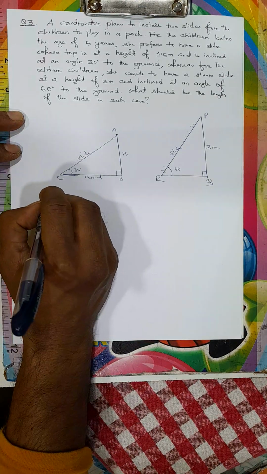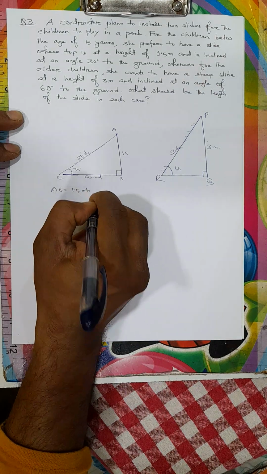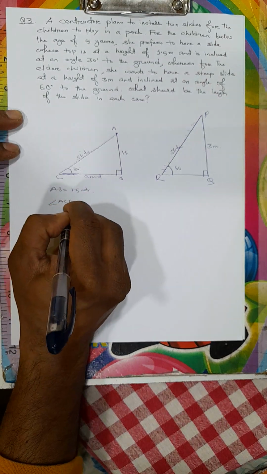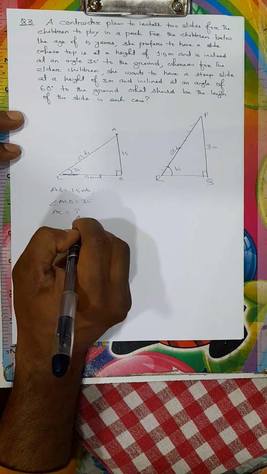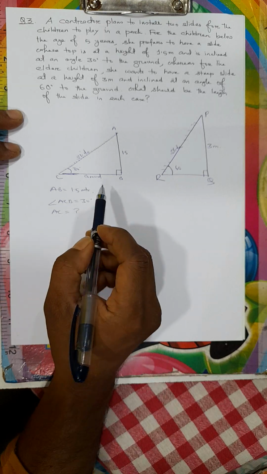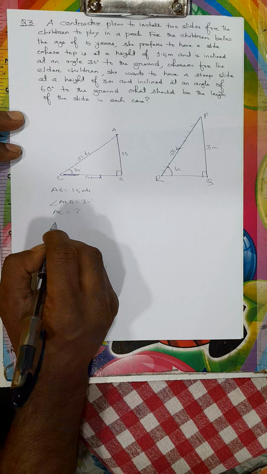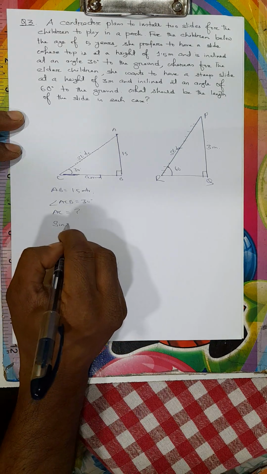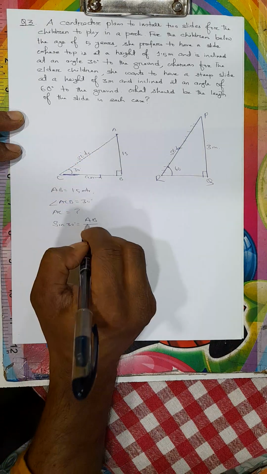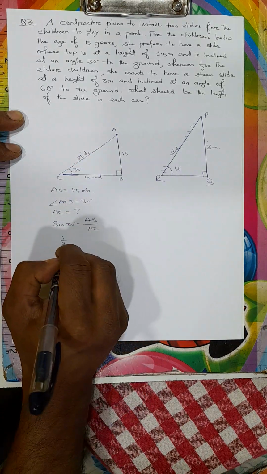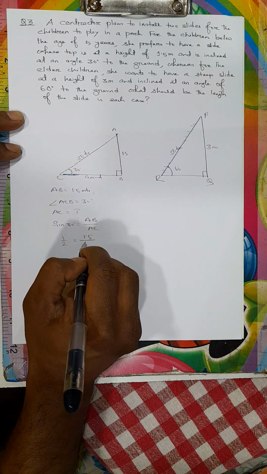AB equals 1.5 meter and angle ACB equals 30 degree. So we have to find AC. What is AC here? Think about the relationship between opposite by hypotenuse. Remember, sine theta, sine 30 degree equals opposite by hypotenuse, AB by AC. Sine 30 is half. AB is 1.5 divided by AC.